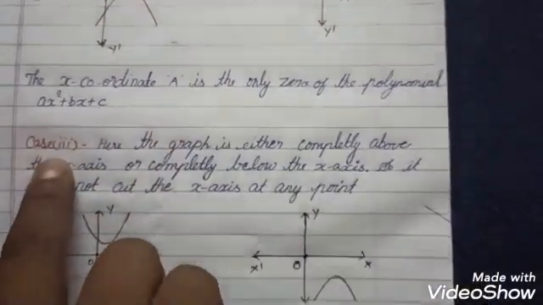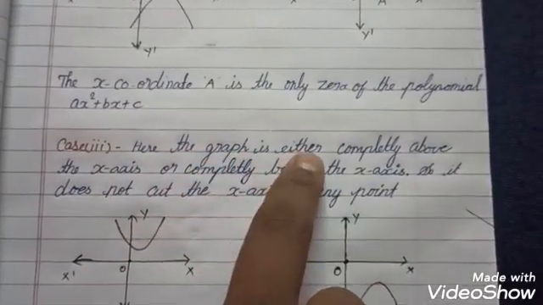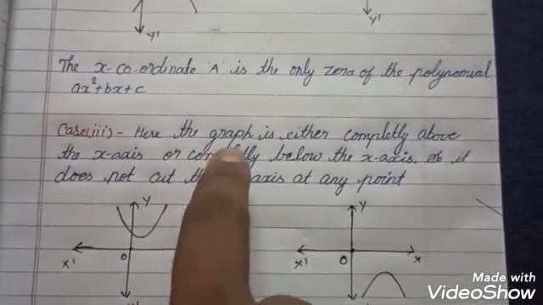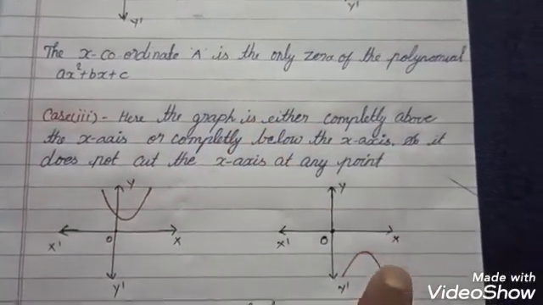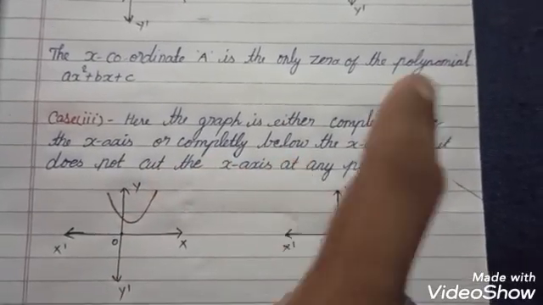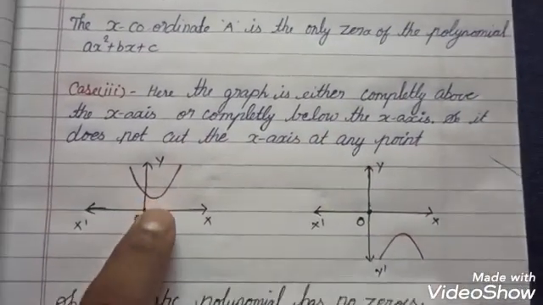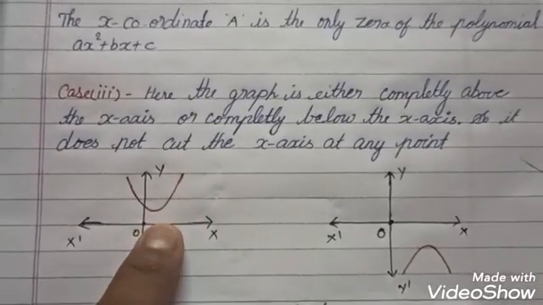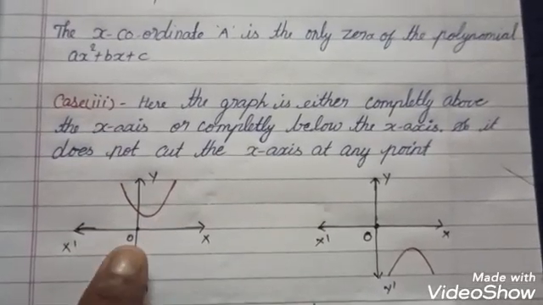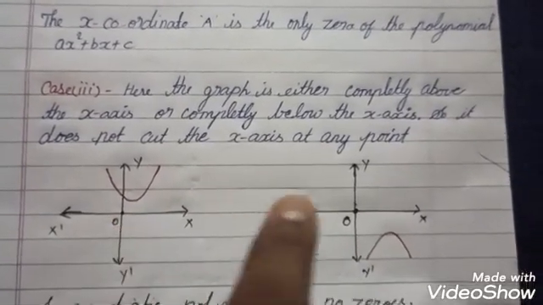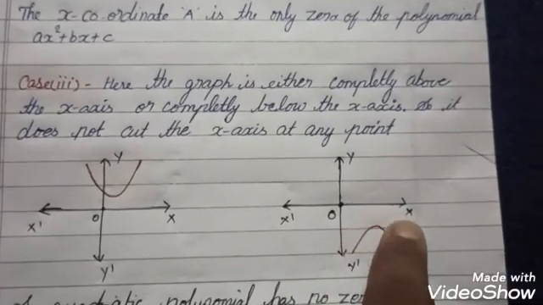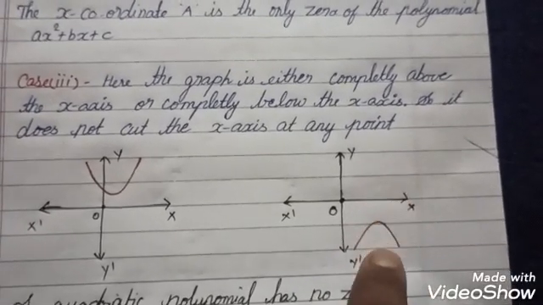And then case 3. Here the graph is either completely above the x-axis or completely below the x-axis. So it does not cut the x-axis at any point. See the first diagram: it is completely above the x-axis and does not touch any point on the x-axis. The same way, in graph 2, it doesn't intersect the x-axis at any point; it is below the x-axis.